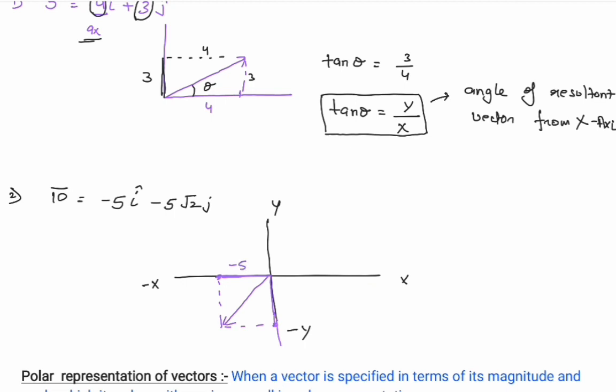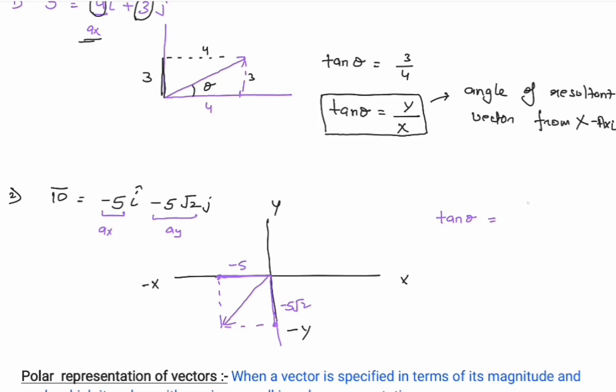This is minus 5. ax is minus 5 over here. And ay is minus 5 root 2. Then this is the given vector. How to find the angle of the given vector from the x-axis? Let's say the angle is theta. This will be ay divided by ax.